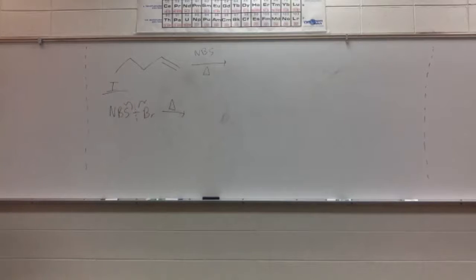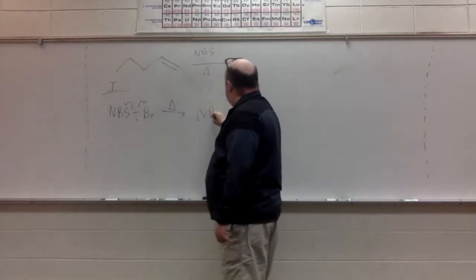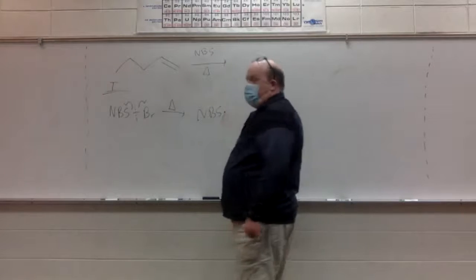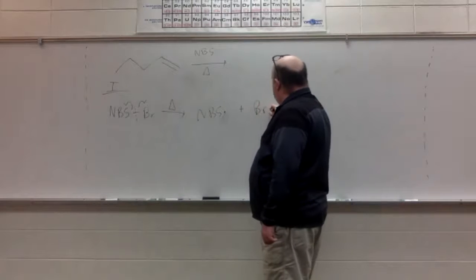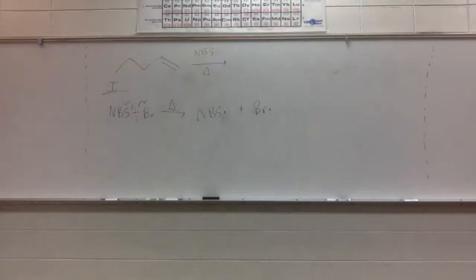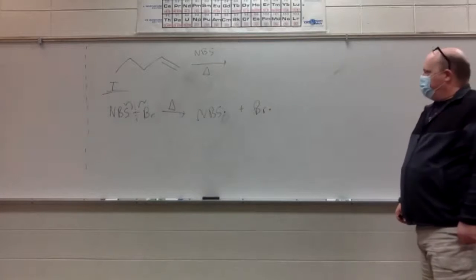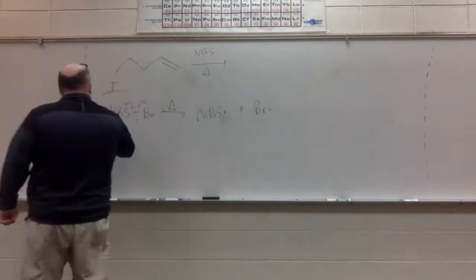It's actually a nitrogen-bromine bond. So you're left with an NBS radical, which we don't care about, and a Br radical, which we do care about. Okay. All right, you've got that.